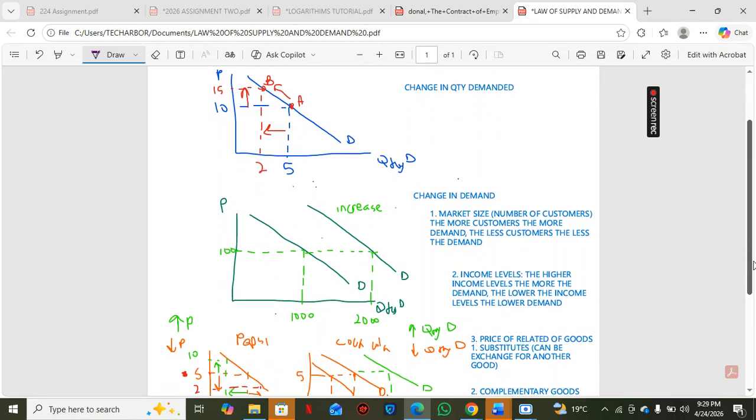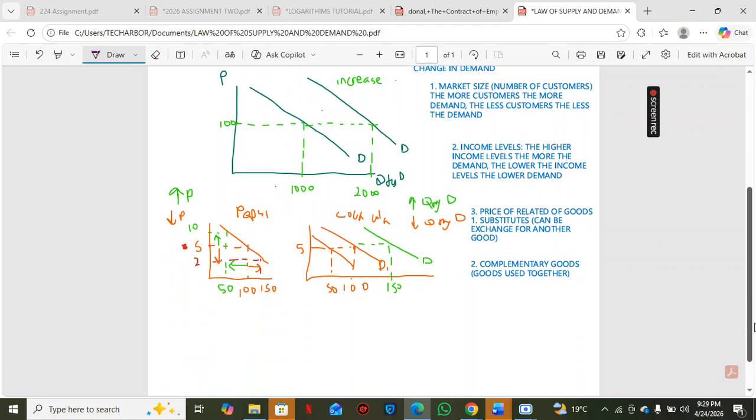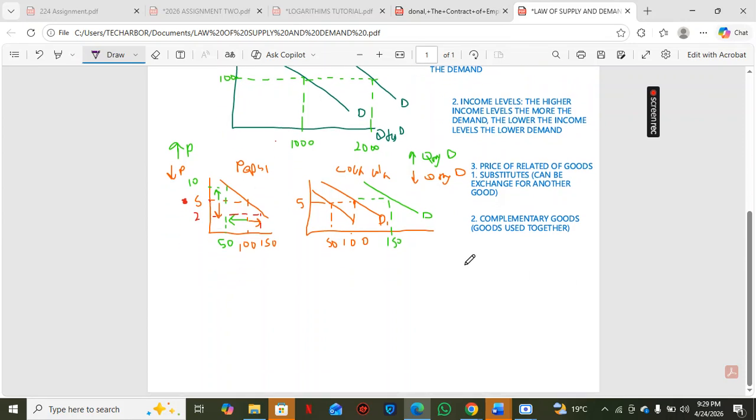Now we're going to look at complementary goods, goods that are used together. Let's say for example, a phone and a SIM card. Phone and SIM cards are used together.